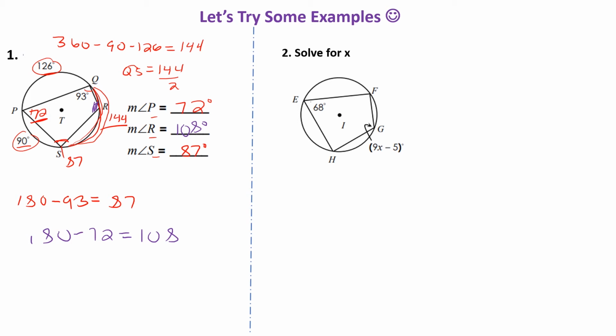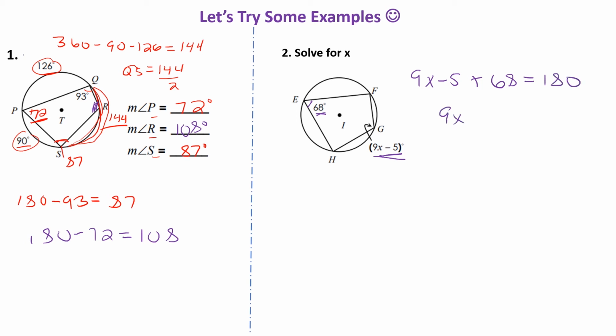We already have opposite angles shown here: 68 for angle E, and angle G is 9x minus 5. Again, opposite angles are supplementary, meaning they equal 180 degrees. So I'm going to set up an equation: 9x minus 5, plus 68, is equal to 180, and just solve for x.